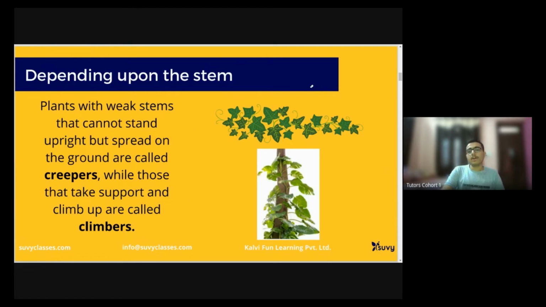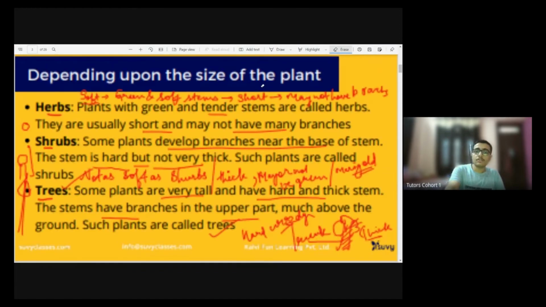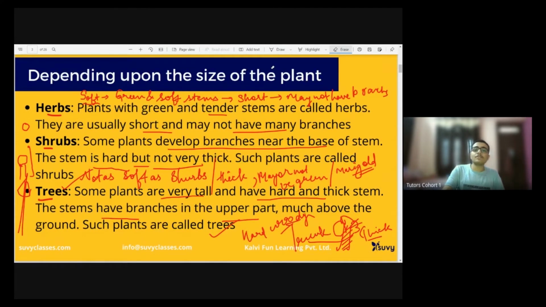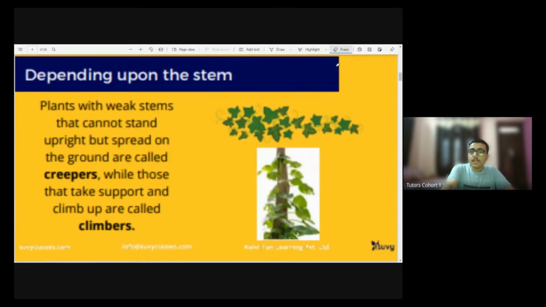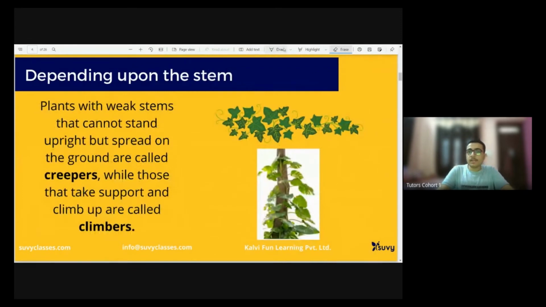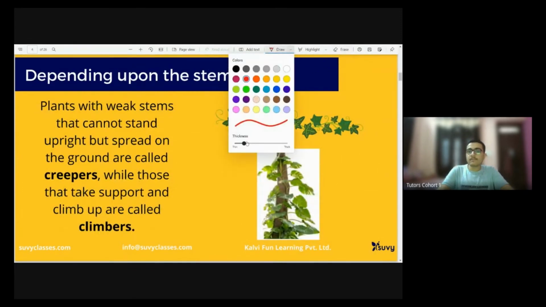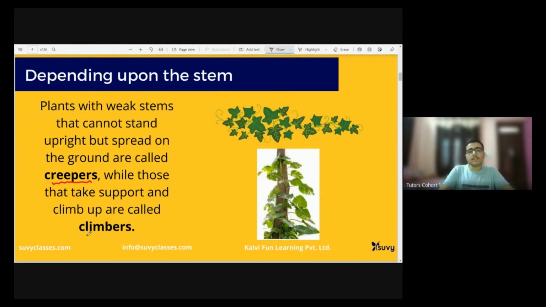Now, basically we have studied the size of the plant. Herbs are very small, shrubs are quite big, and trees are very big. Now depending upon the nature of the stem, we can classify plants into two more categories. First one is creepers and next is climbers.